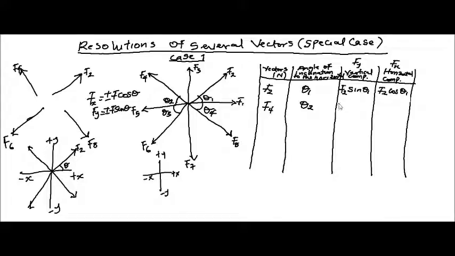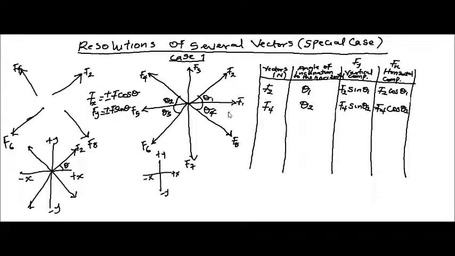The vertical component is positive y, so it will be f4 sine theta 2. Now the horizontal component is on negative x, so it will be f4 cos theta 2. I said it is on negative x, don't forget, so it will be minus f4 cos theta 2.